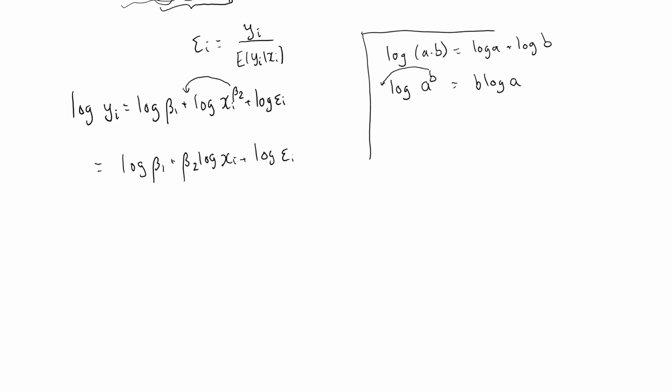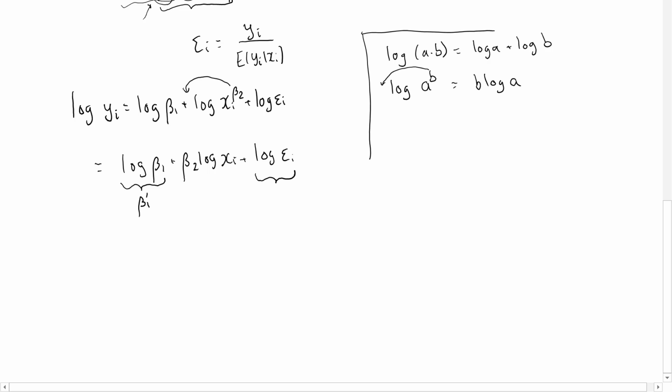If I just rename log of beta 1 to beta 1 prime, so beta 1 prime is now just defined as log of beta 1, log of the constant that's in front of the power function. And I do the same thing.